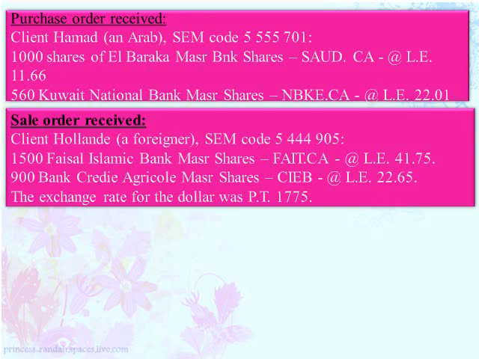The code is fait.ca. The price per share is in Egyptian pounds 41.75. In addition, he wishes to buy 900 Bank Crédit Agricole Masr shares. The code is CIEB, and the price per share is 22.65.